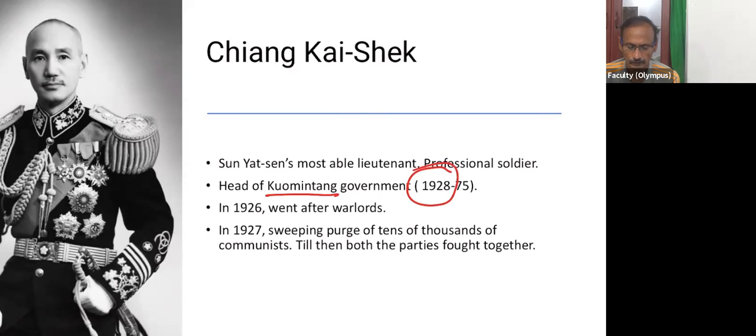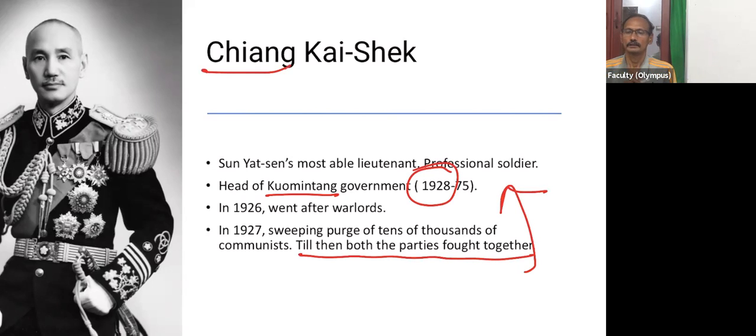And communists cooperated with him. But Chiang felt that the communists were the main rivals to him. And so he went after them and purged tens of thousands of communists in 1927.